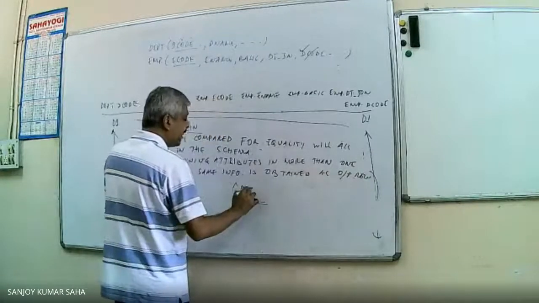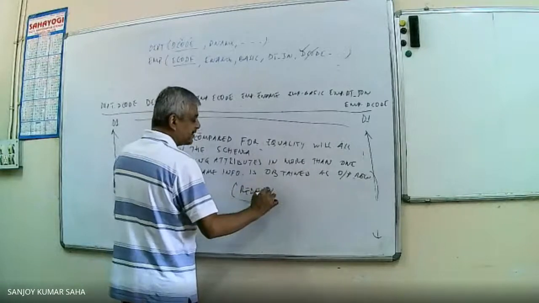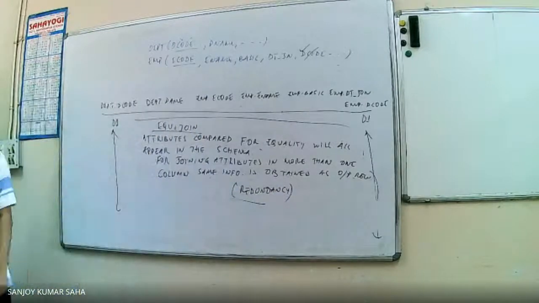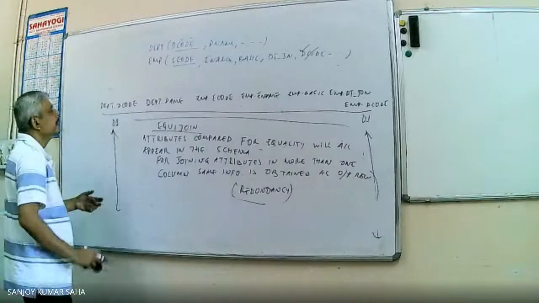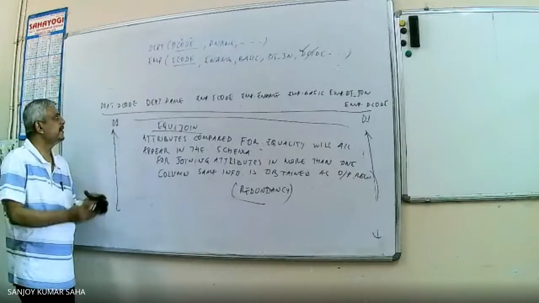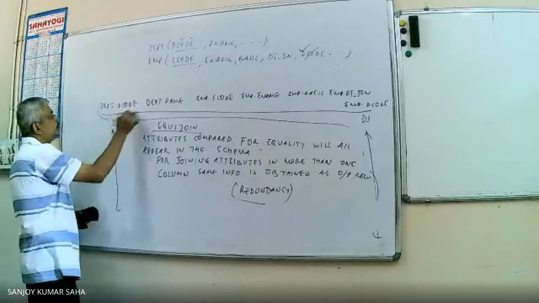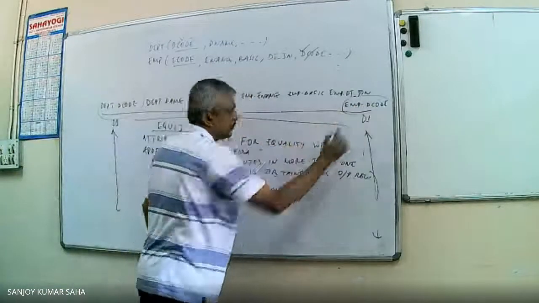So this is unnecessary. Redundancy is there because they will be giving us the same information. So then how to handle this? You take the projection. In the projection, out of these two, keep only one.